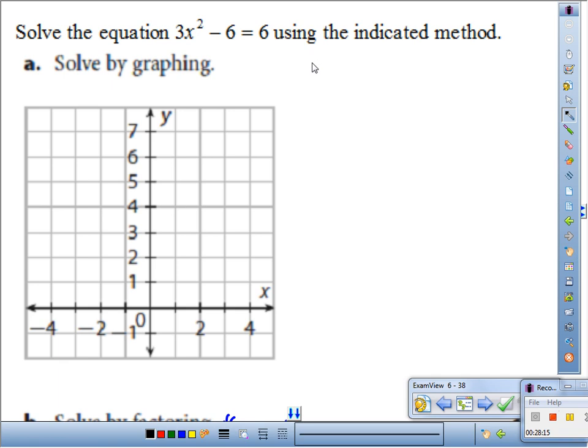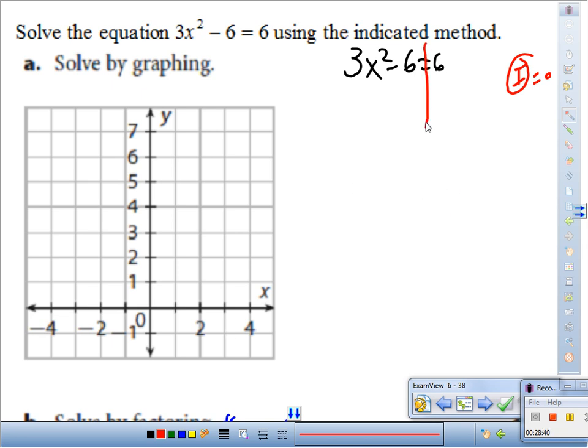For graphing, I want you to write the equation right here: 3x squared minus 6 equals 6. There are three steps before the graphing portion that we need to do. The first step: it has to be equal to 0. So let's subtract 6 from both sides.